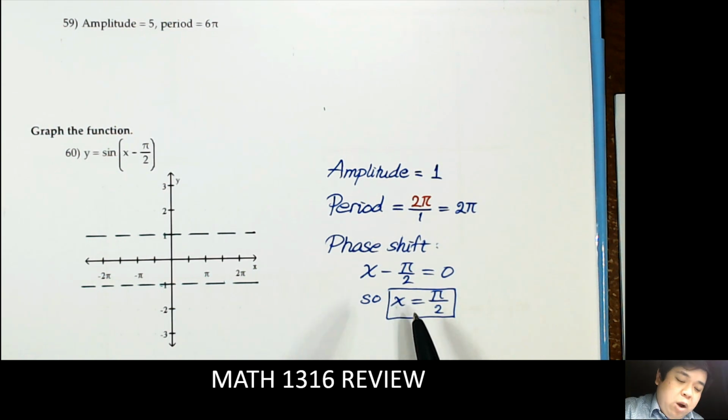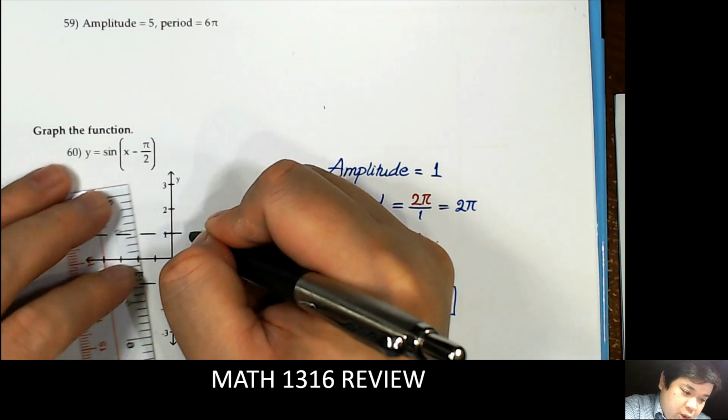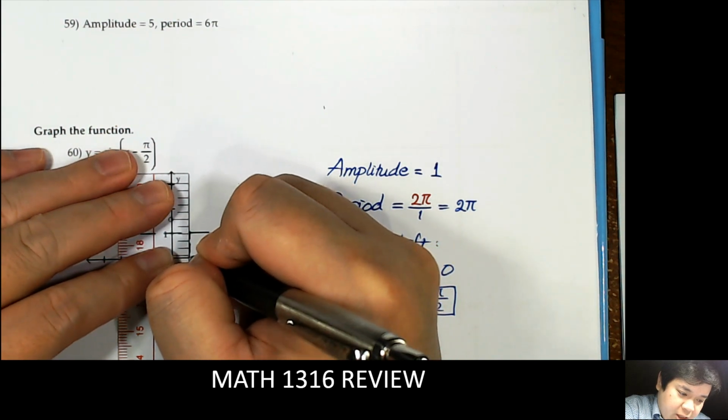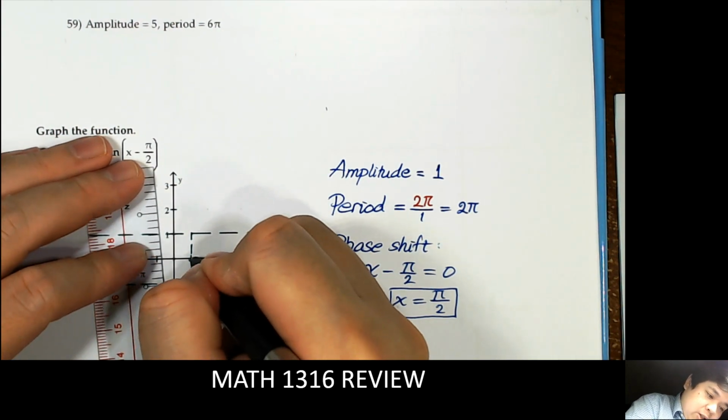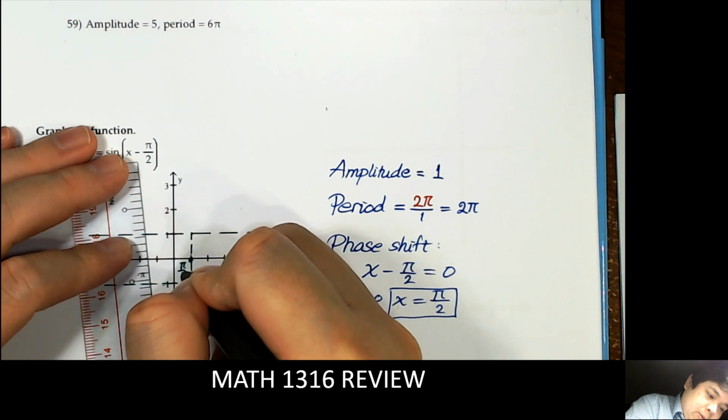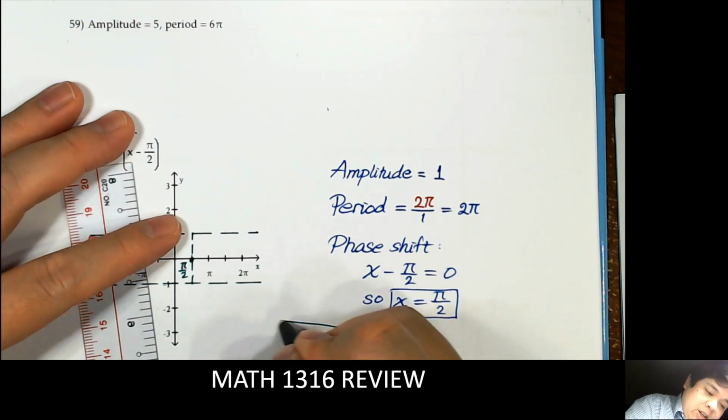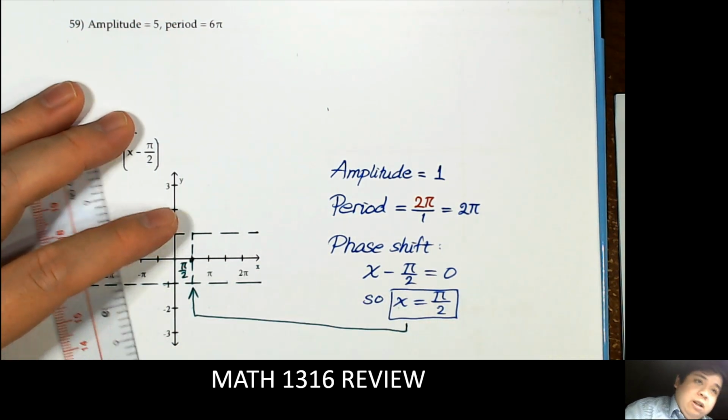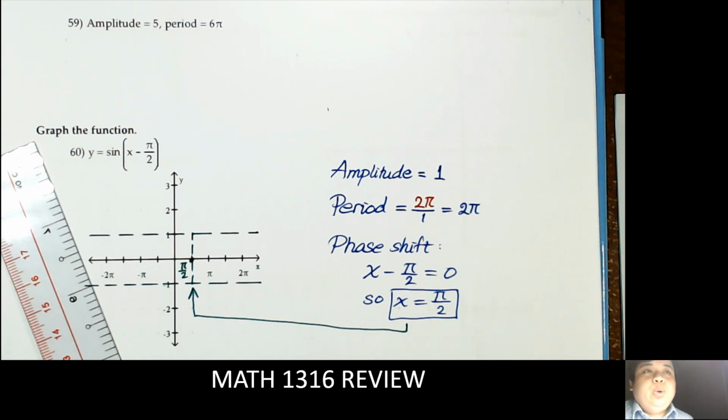The phase shift is where it starts. It starts at pi over 2. So if this is pi, pi over 2 is halfway there, so it will be here. That's where the phase shift is. We start a cycle at pi over 2, and then we go 2 pi.